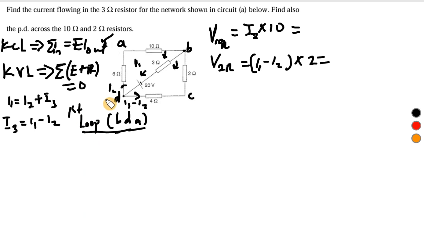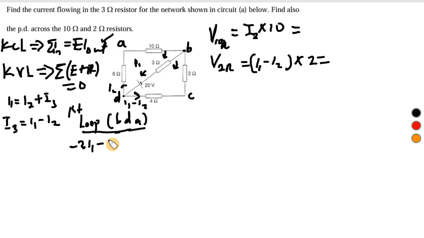This is a resistor, and we are moving in the direction of the current. If you have watched our previous video, you notice that we have a voltage drop here. So this will be minus 3I1. This is a source of EMF, negative to positive, so we have a potential lift.